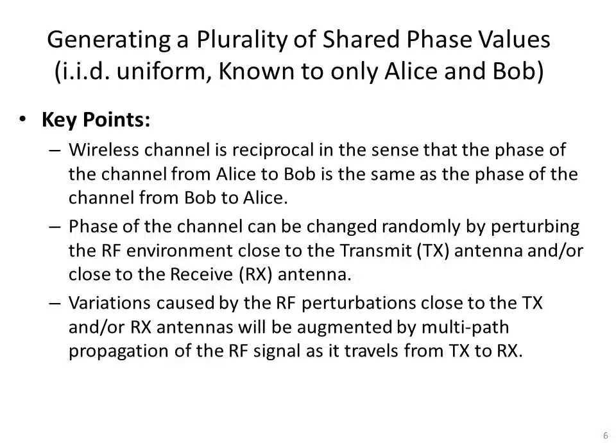So if the RF characteristics of the close neighborhood of the transmit or receive antenna are perturbed, meaning the RF properties are changed, then, although this perturbation is performed at the close neighborhood of one of the antennas, its effect will change the entire channel, and its effect will be enhanced by multipath propagation, and the end effect is that the two parties will observe a totally new phase which has a uniform distribution between 0 and 2 pi.